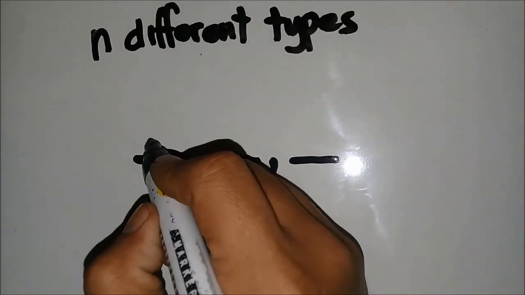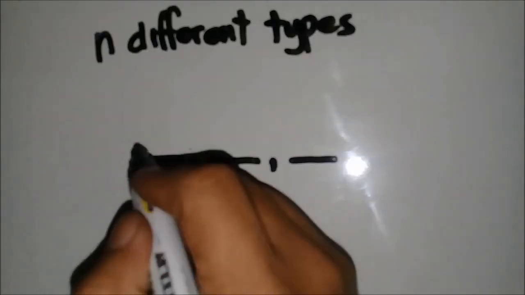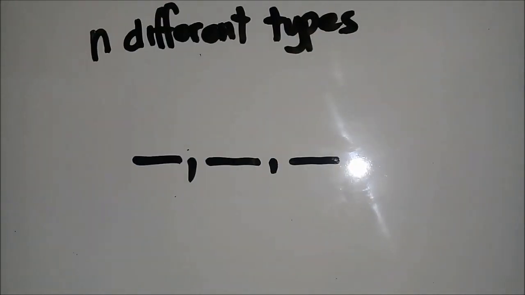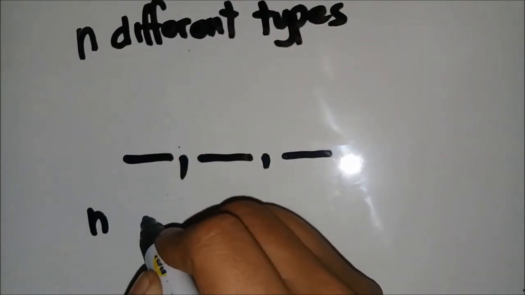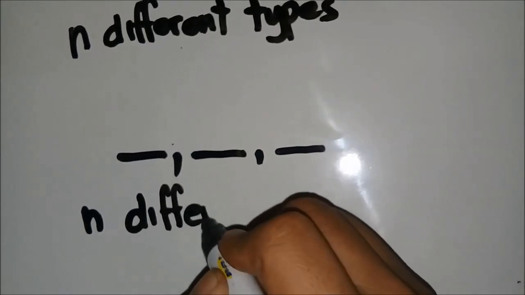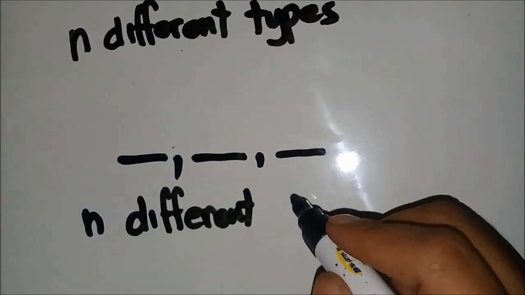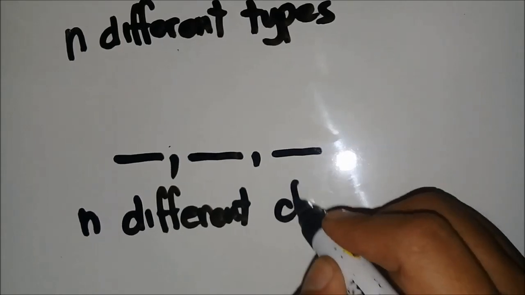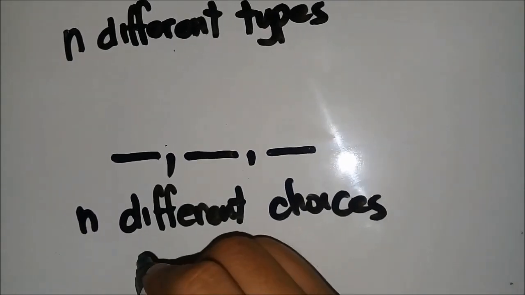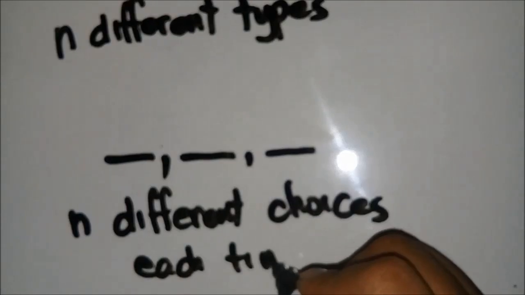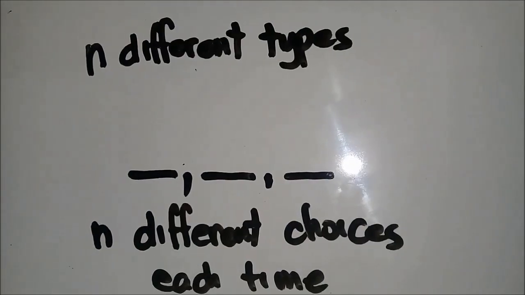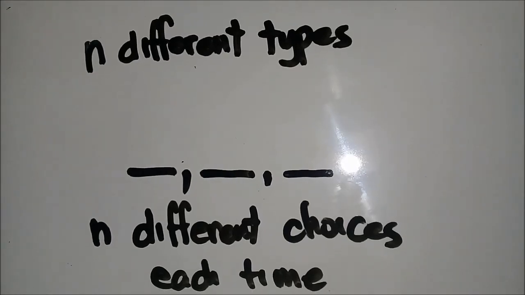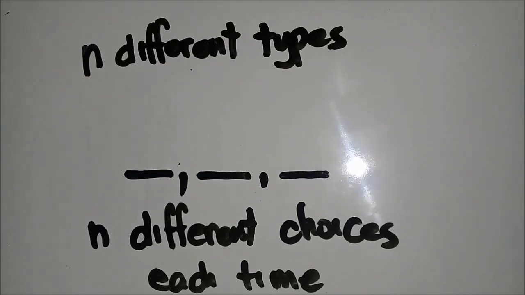Correspondingly, we have n different choices for the first, second, and third. So we have n different types, and n different choices each time. This is a type of permutation where repetition is allowed.